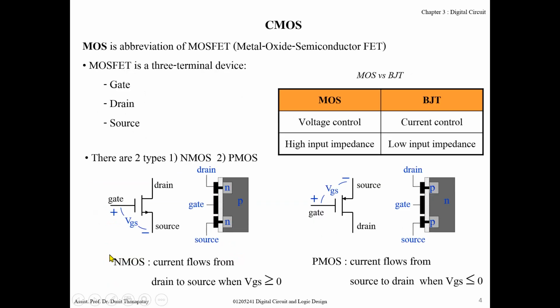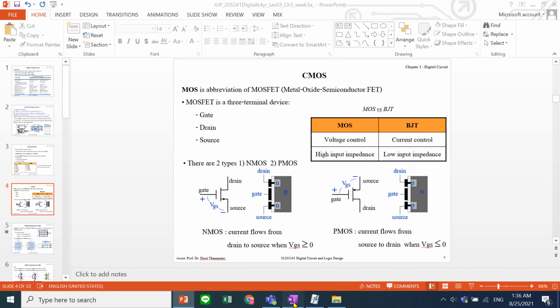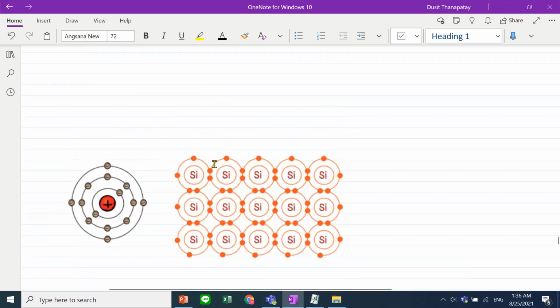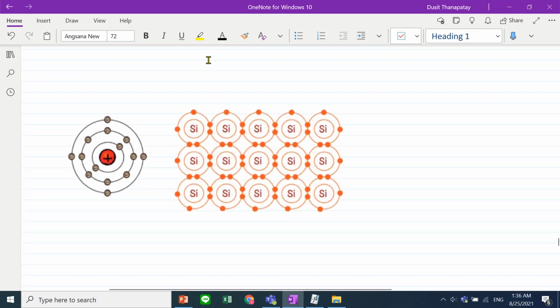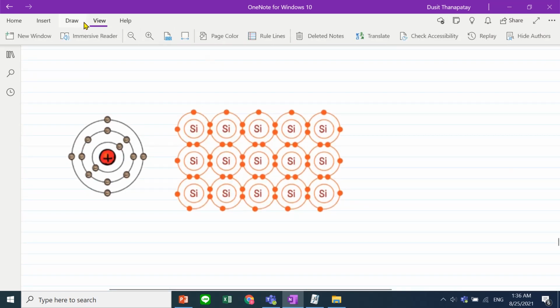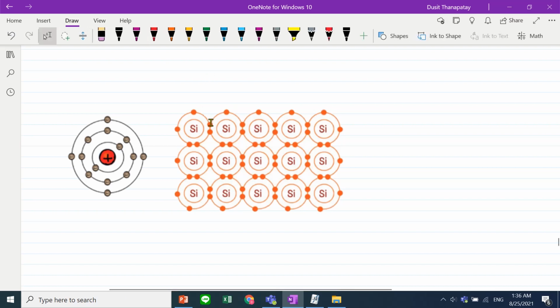Before going to the detail, I would like to review some background to understand basic knowledge about semiconductors. First, for semiconductors, normally we use silicon.